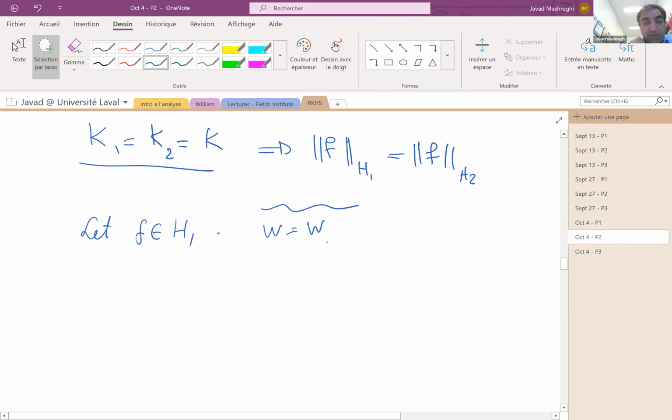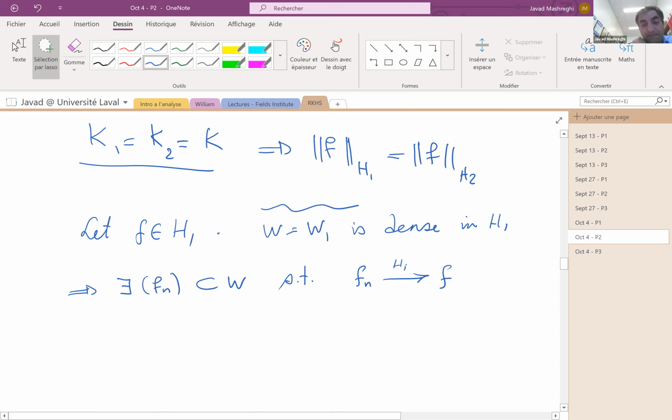W equal to W1 is dense in H1. Therefore, there is a sequence Fn in W such that Fn converges to F in the space H1. The convergence is in H1.